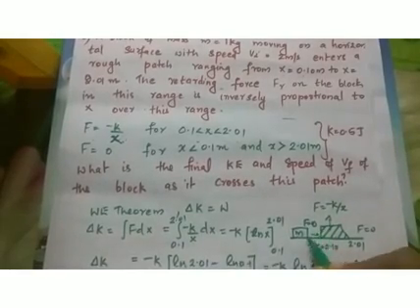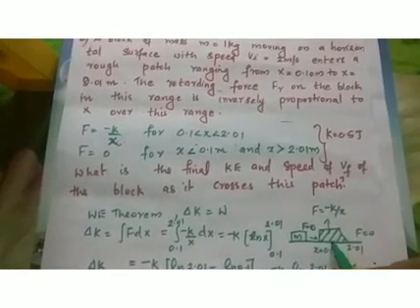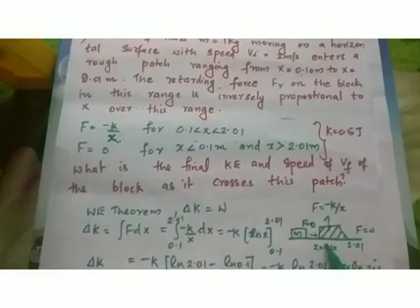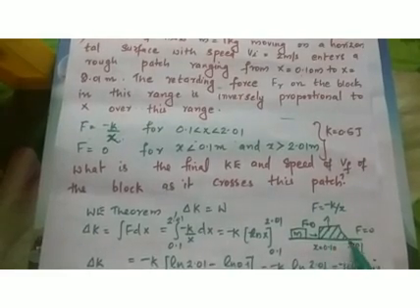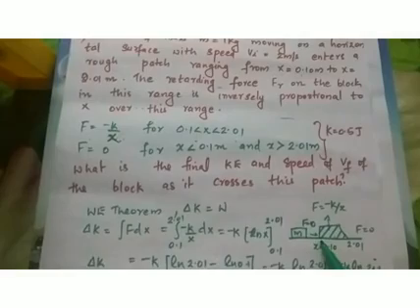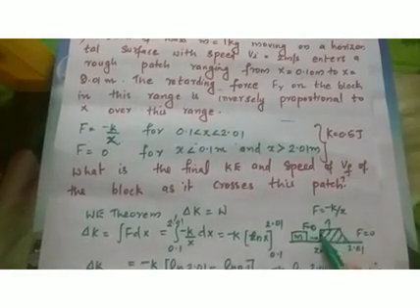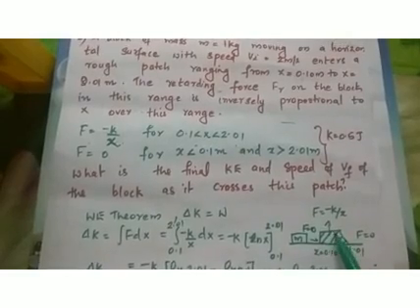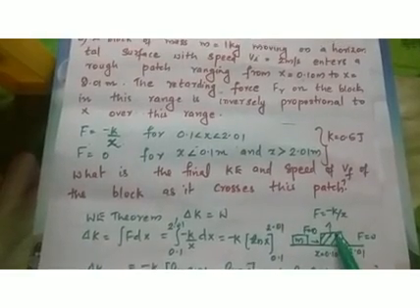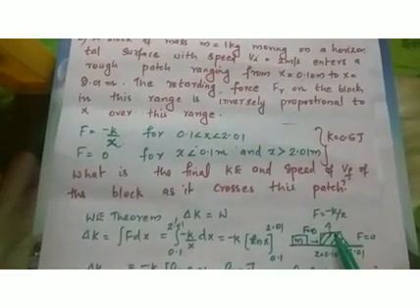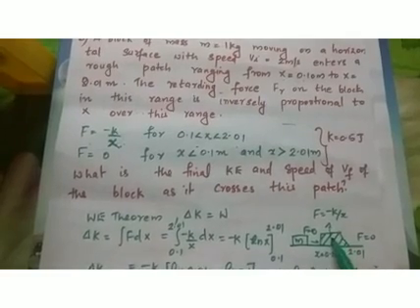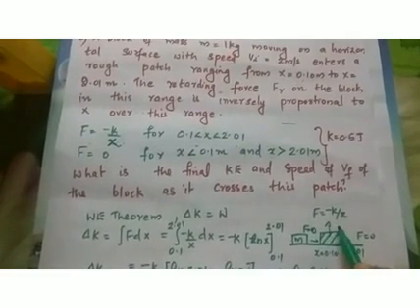As it moves, it enters a rough patch and this patch extends from x equal to 0.1 to x equal to 2.01. Within this patch, whenever the block moves through this rough patch, a restoring force is exerted on that block and that restoring force is equal to minus k by x.